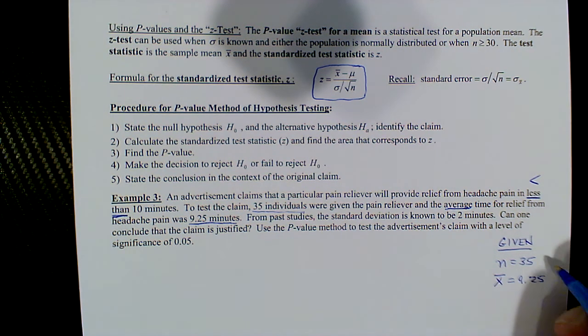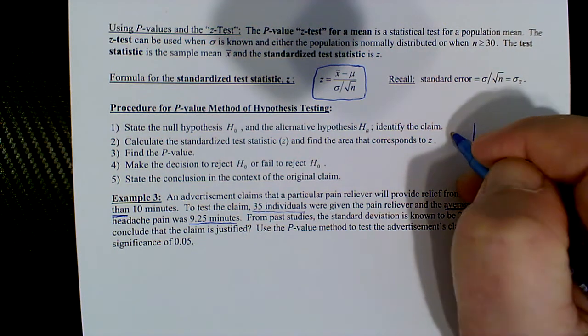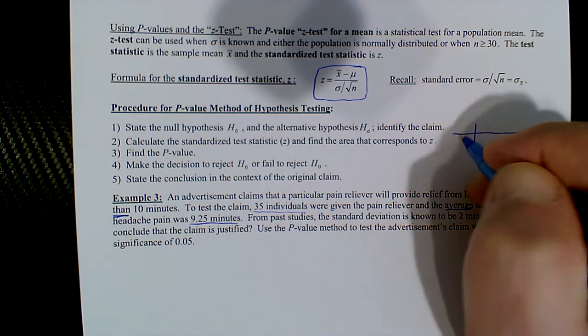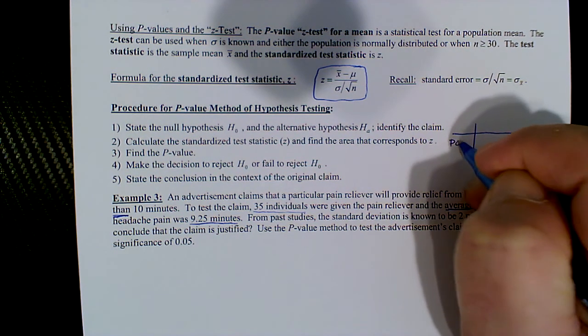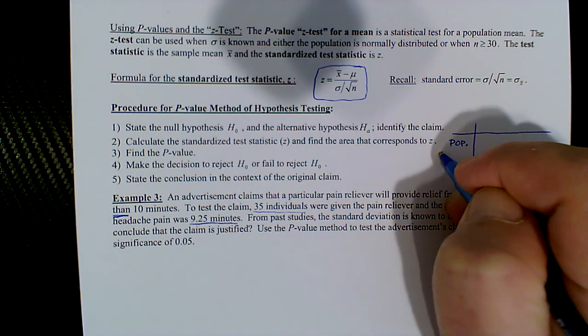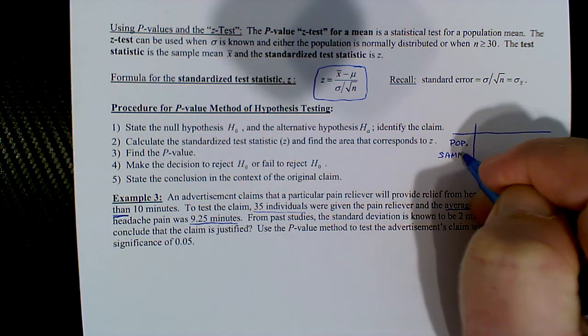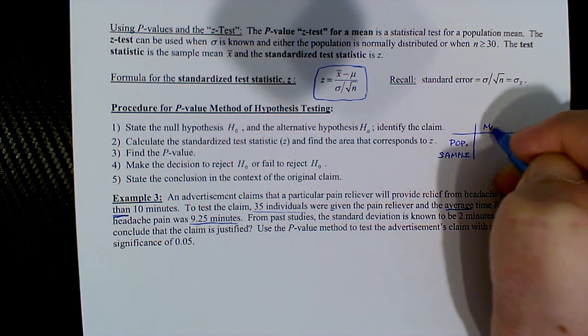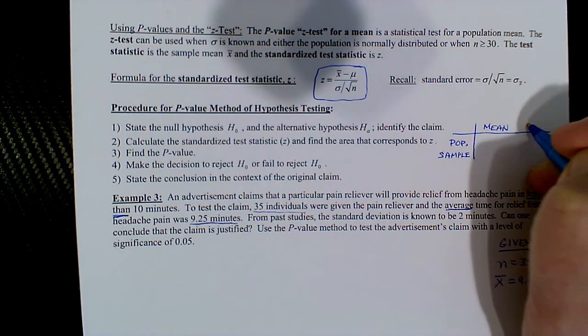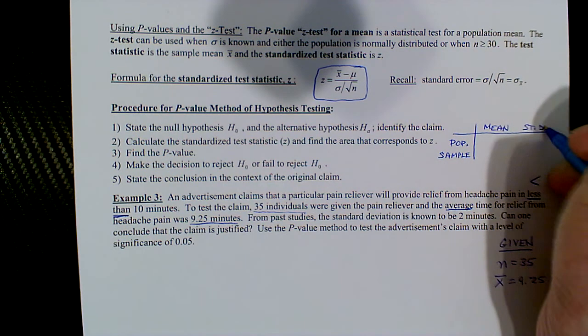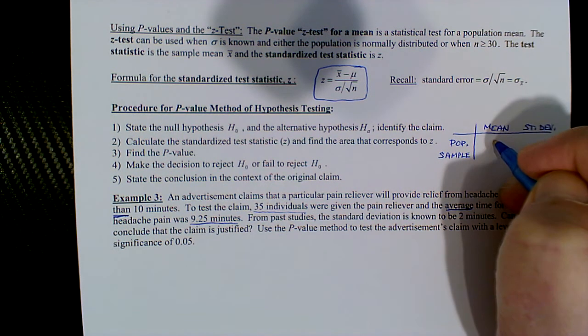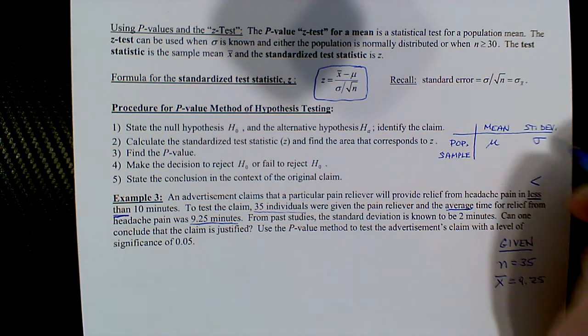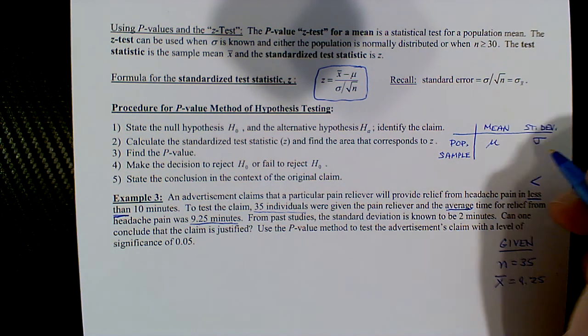Remember the table we talked about many times. You have to make sure you understand this. That is population and a sample. If we're talking about the means and the standard deviations, for the population, mean is mu, standard deviation is sigma, Greek letters.